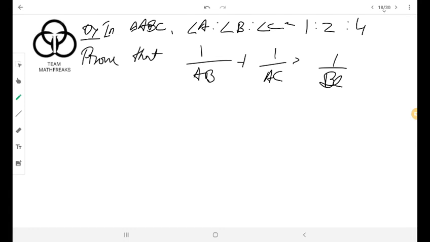In triangle ABC, angle A is to B is to C equals 1:2:4. Prove that 1/AB plus 1/AC equals 1/BC. Should I solve it? Okay, I'm solving it. Now just see.